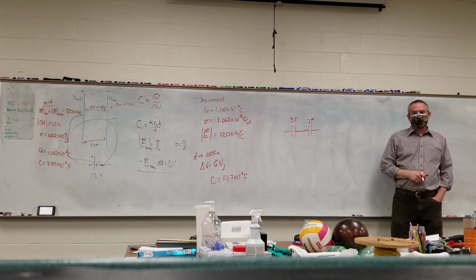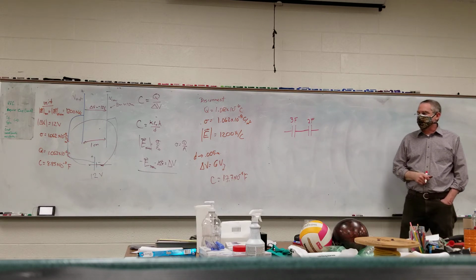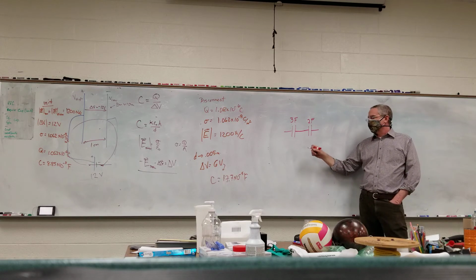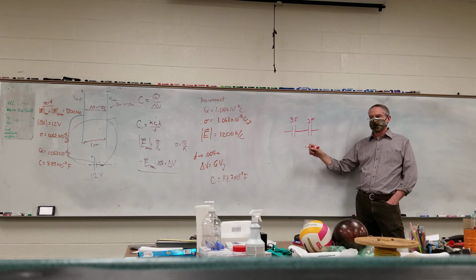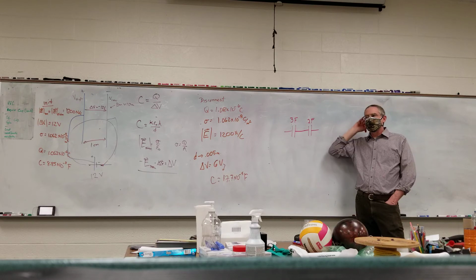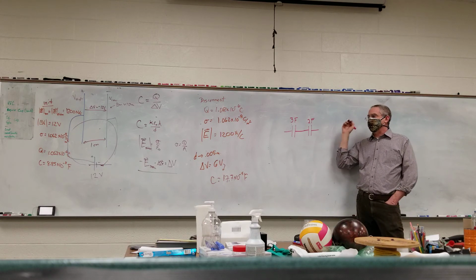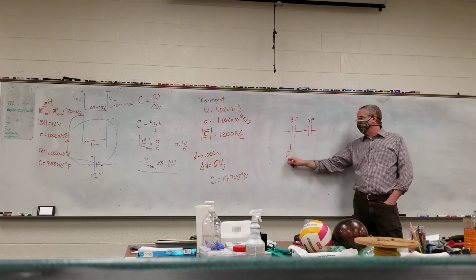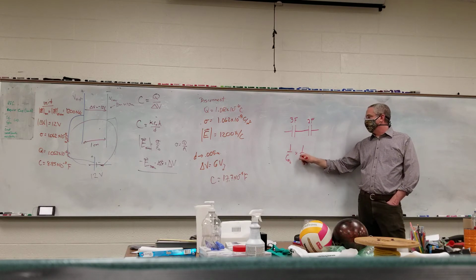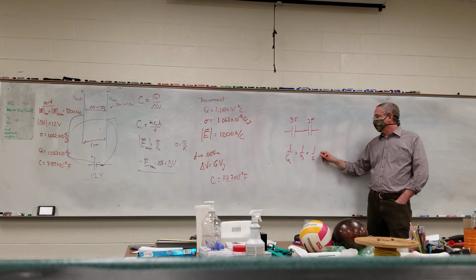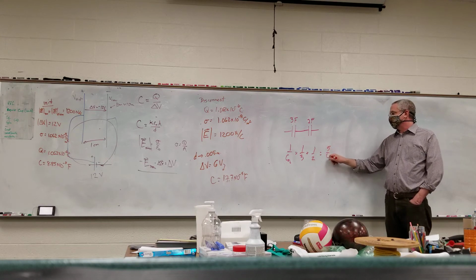What is the equivalent capacitance of these two capacitors in series? Or how would you find it? You would add them, correct? Not add them like this. It's the 1 over. So 1 over the equivalent capacitance is 1 over 3 plus 1 over 2, which is 5 over 6.